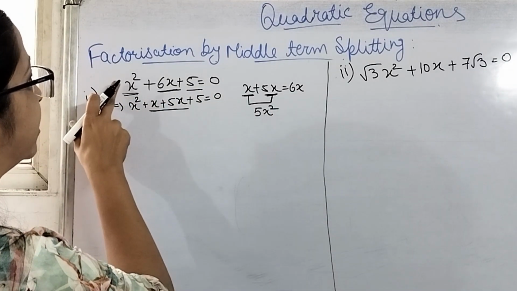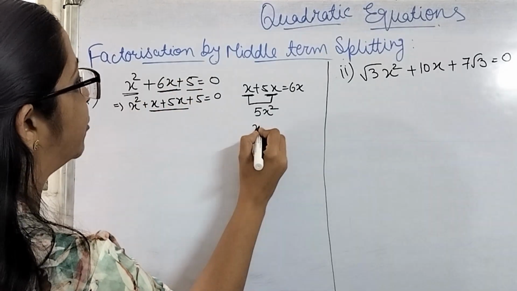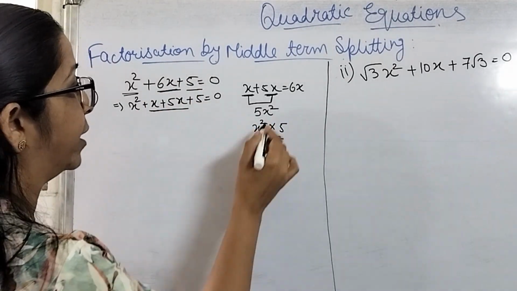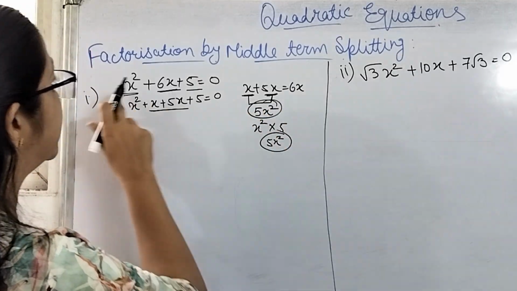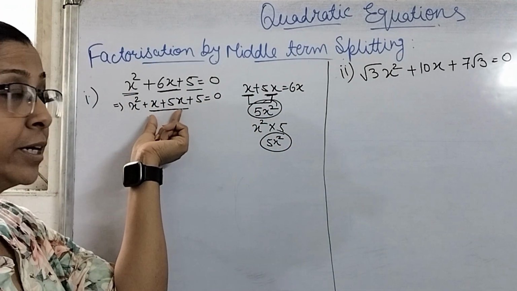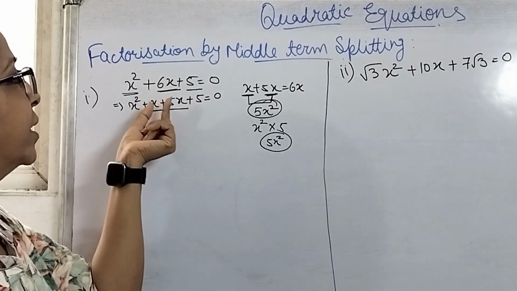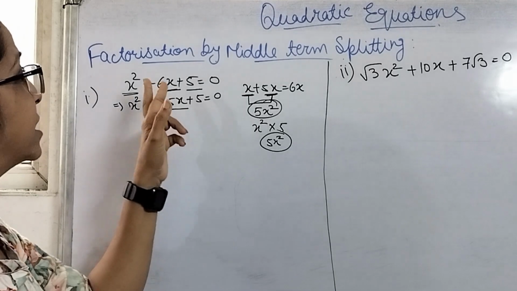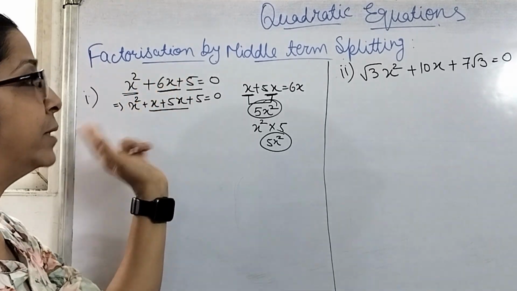If we multiply the first and third term, the product will be x square multiplied by 5, that is 5x square. So the product of the first and third term should be equivalent to the product of these two terms into which we have split the middle term, and the addition of these two terms should be equivalent to the middle term. This is how we have to split the middle term.